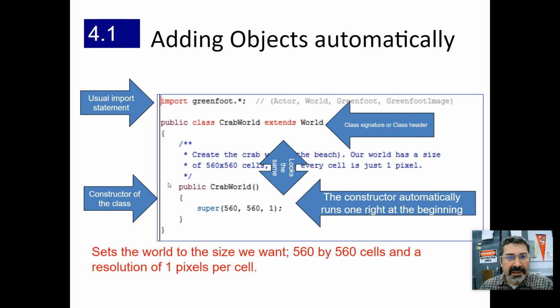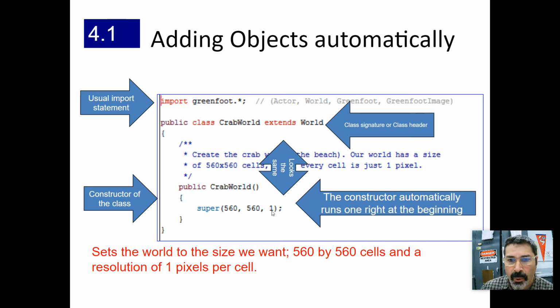All right, now this is the constructor of the class. This is a special method that runs one time right at the beginning, and it builds our crab world. It's going to build it 560 cells wide by 560 deep. So it's going to be a square, and each of the cells is 1 pixel.